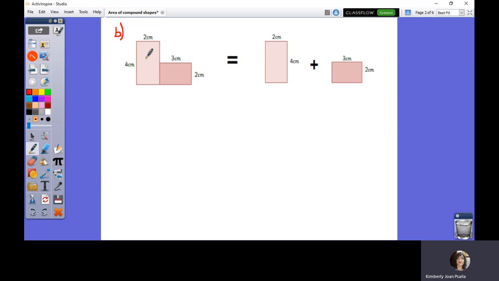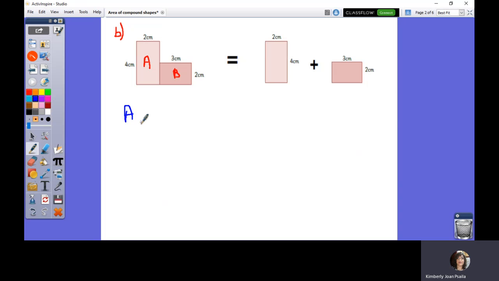So here you have a clear example of how you can divide this L shape. He divided it into this rectangle and this rectangle. So we can name this rectangle A and this rectangle B. So let us find the area of the whole shape.